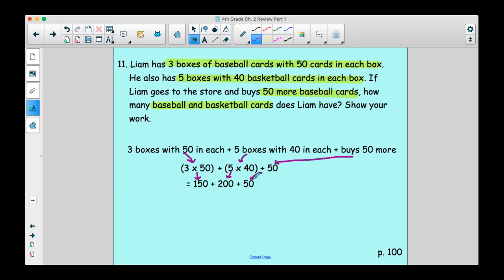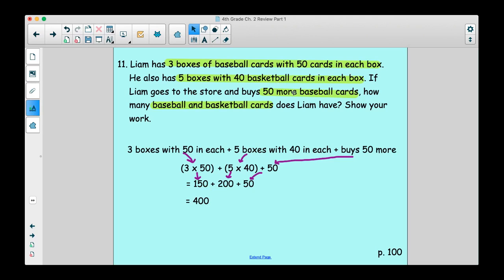The 50 hasn't changed yet at all. Okay, so now how would you solve 150 plus 200 plus 50? I have a guess for that. I'm going to guess you're probably going to add 150 and 50 first to form a 200. And you probably know 200 plus 200 is 400.